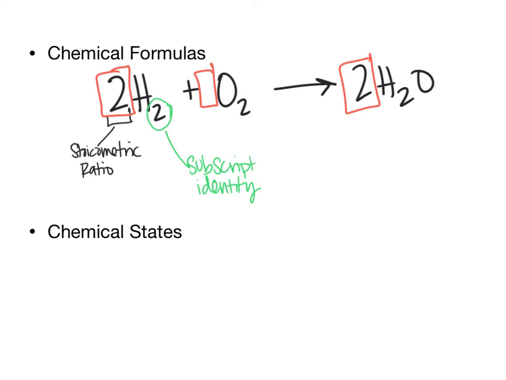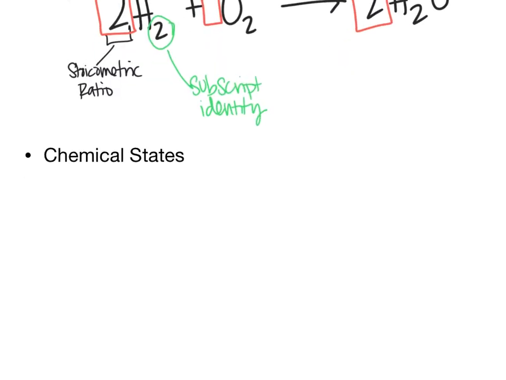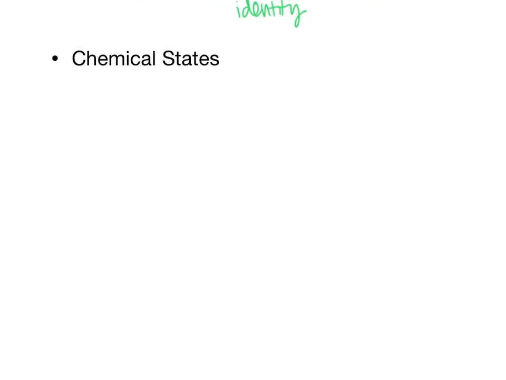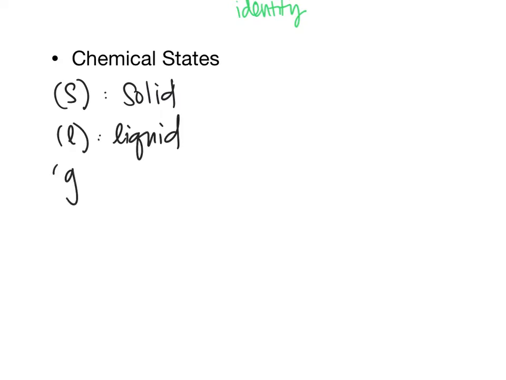So the other thing that we need to think about are the chemical states. So chemical states tell us what we can find in nature. So we tend to see things like a tiny s for solid, an L for liquid, a G for gas.